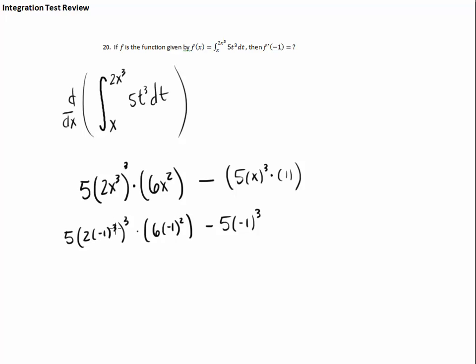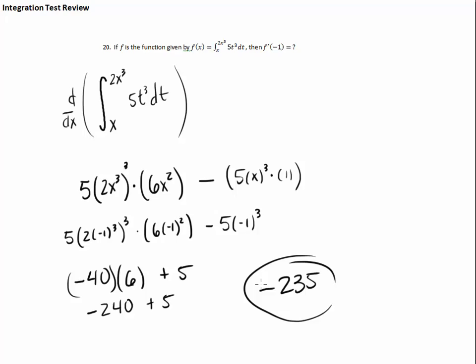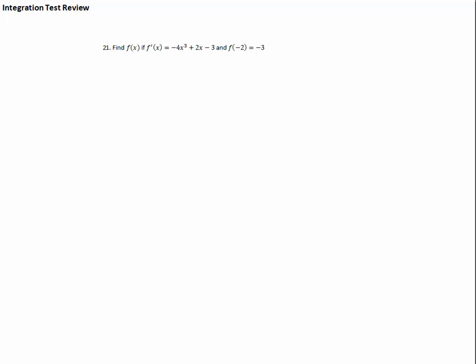So here we go. -1 cubed is -1 times 2 is -2 to the third power is -8 and times 5 is -40. -1 squared is +1 times 6 is 6. It's going to be a -1 times 5. -5 is going to be +5. So -40 times 6 is -240. Plus 5 is -235. Piece of cake. 3 problems left.